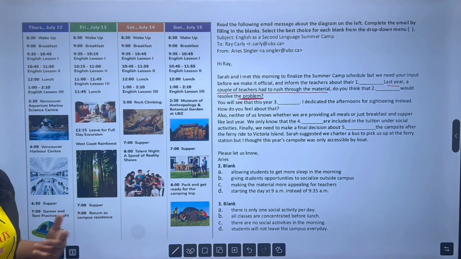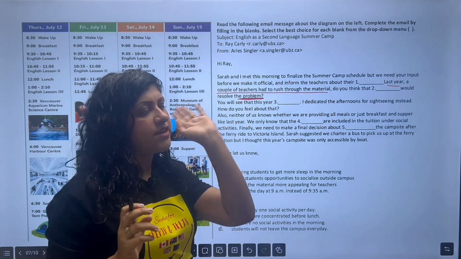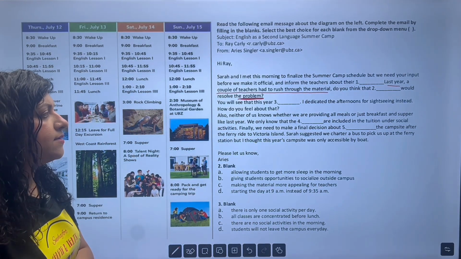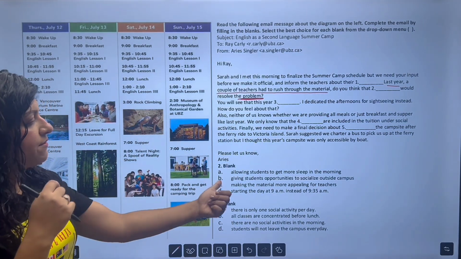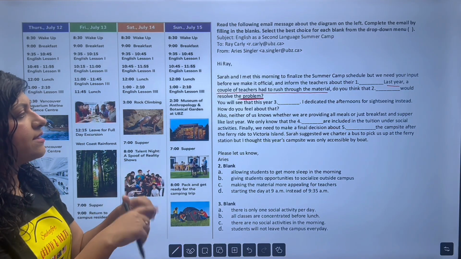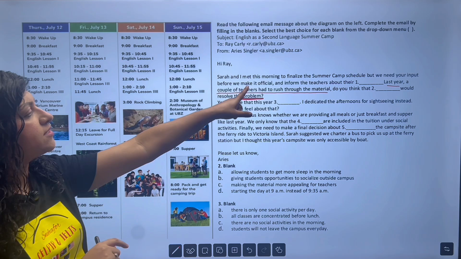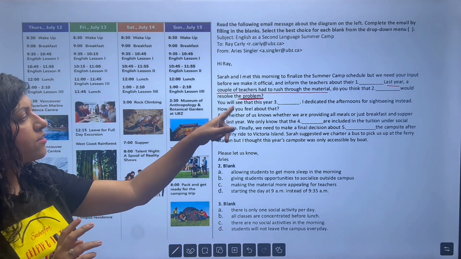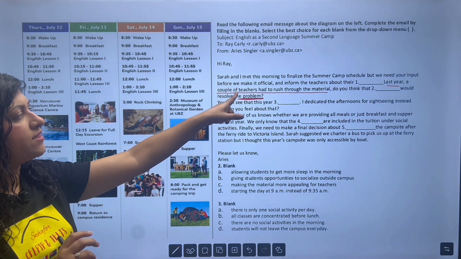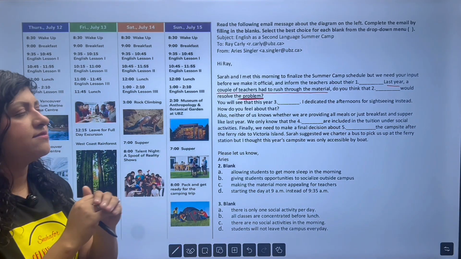So maybe because of the paucity of time or tight schedule, the teachers had to rush through the material. Then Aries is asking Ray's opinion: do you think that something would resolve this problem? So what will help, so that teachers should not have to rush through the material this year?